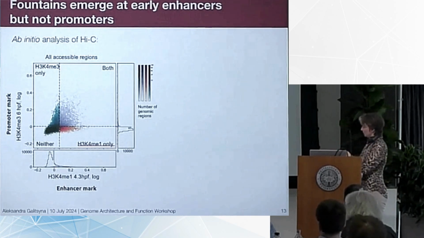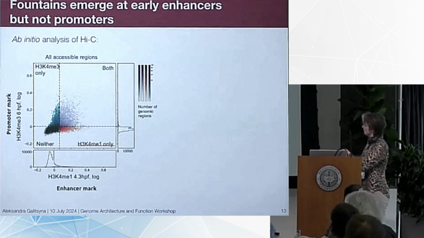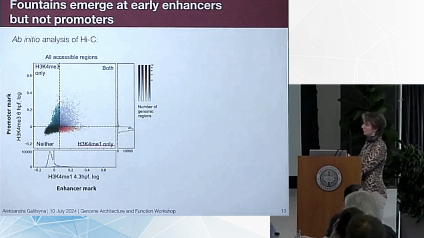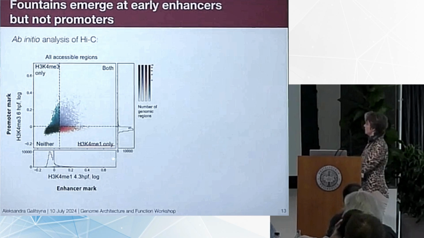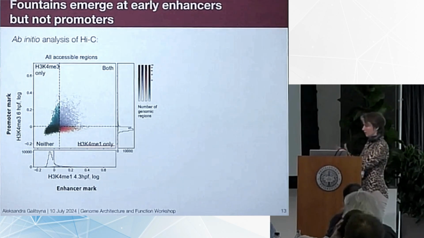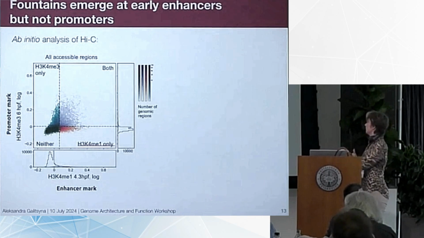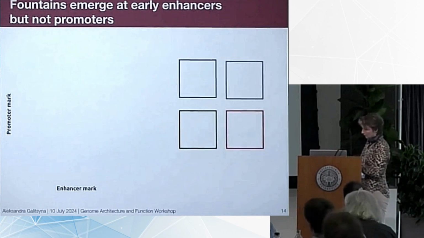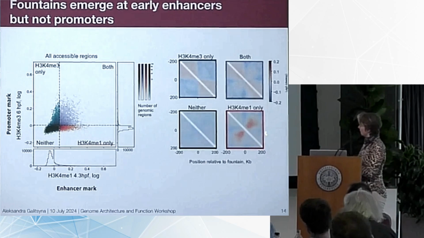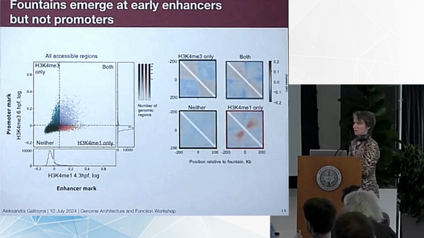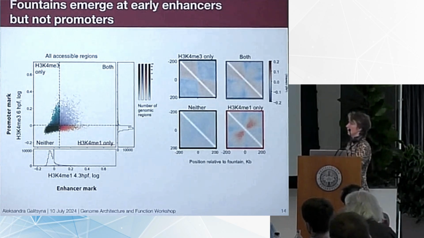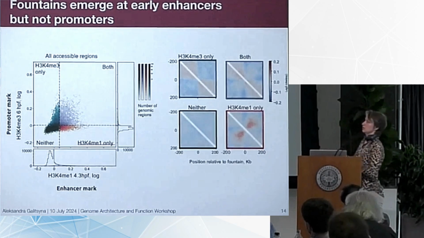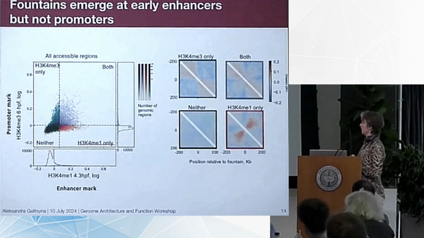Then we split them into 4 pieces: those that have none of these histone marks, those that have both, or either. Meaning that the orange set here will be the enhancer state, and this will be the promoter state. And then we can nicely see that fountains are formed only at those that are enhancers. Even if we have both marks, fountains will be more overridden by the typical insulation pattern, and promoters will be nicely associated with the insulation pattern.